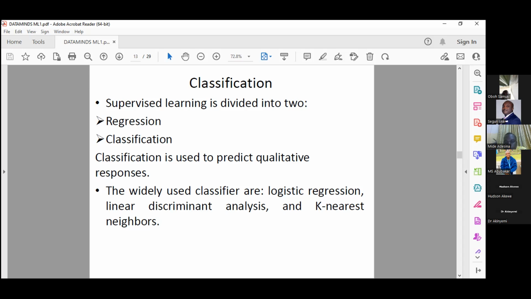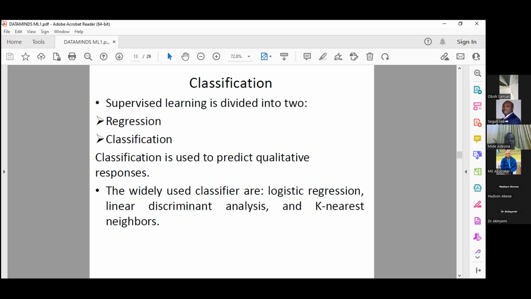My question is, what is the major difference between leave one out cross-validation and k-fold cross-validation? In k-fold cross-validation, you predetermine the number of folds you want to use. You can decide to use 10-fold or 5-fold.